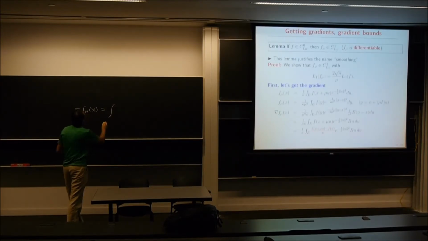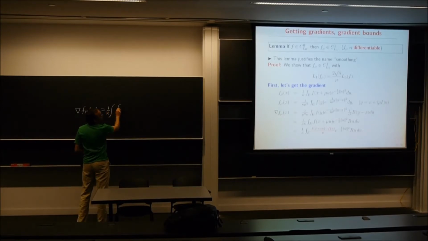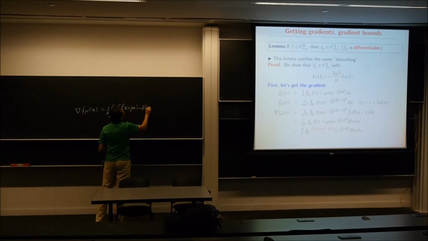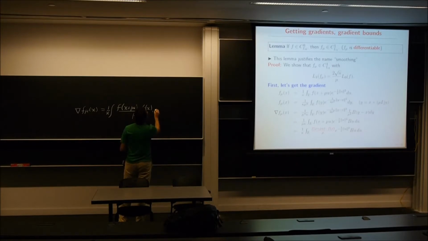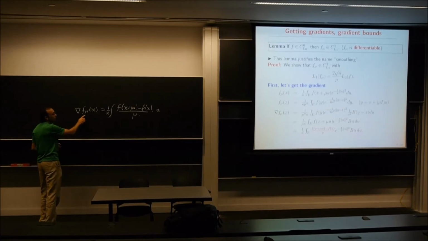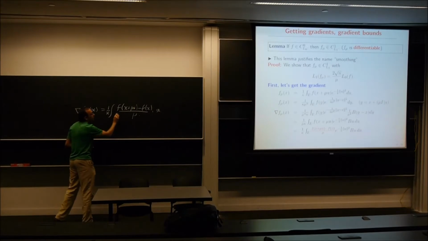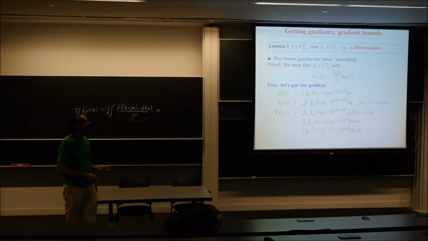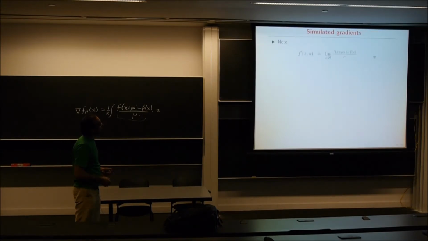F mu of x is 1 by kappa x plus mu times u minus f of x over mu times something. So as mu goes to 0, this quantity will go to the directional derivative, which is why I ended up writing this thing here, that at 0 this is what the derivative looks like.